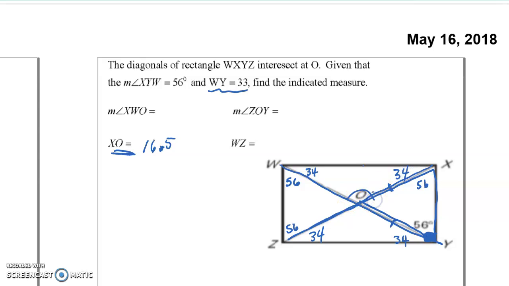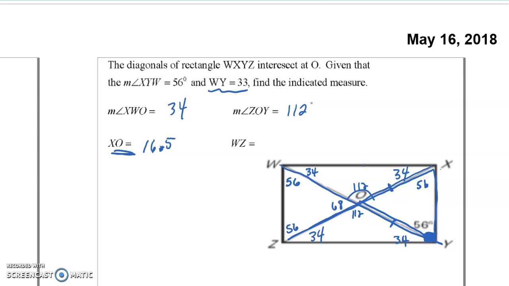And then, of course, I can find the center because 180 minus 68 would be 112. And if that's 112, this is 68. So now I can find anything. So XWO is 34. And ZOY is 112.